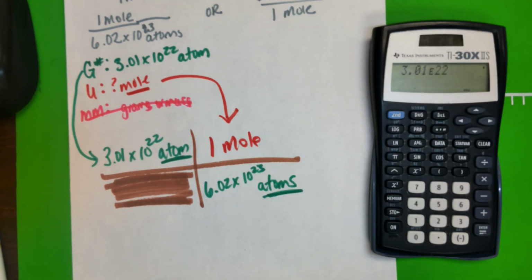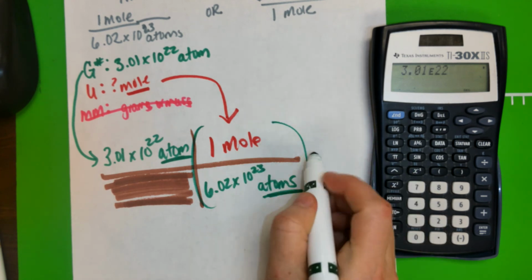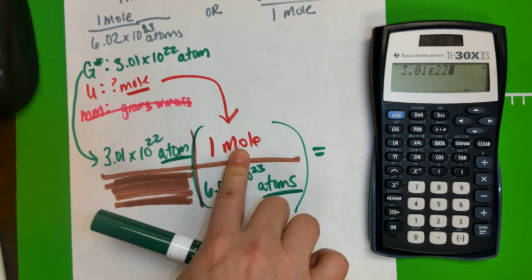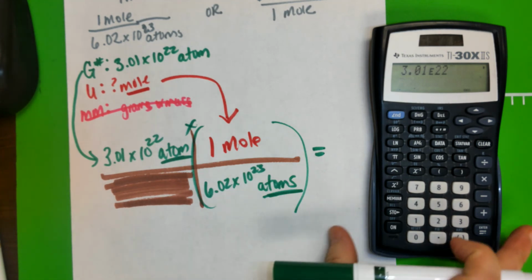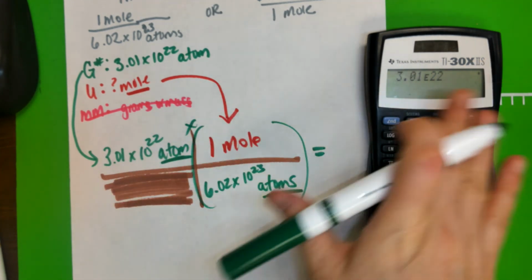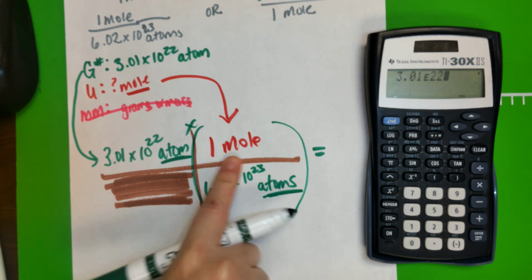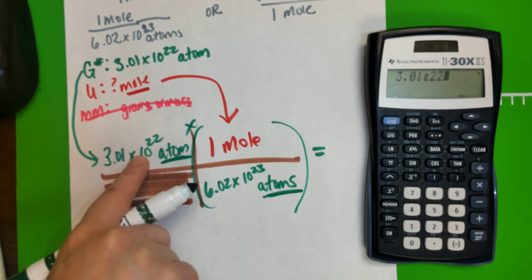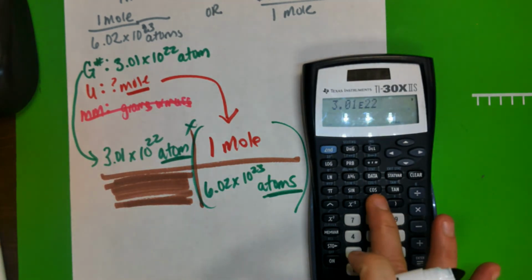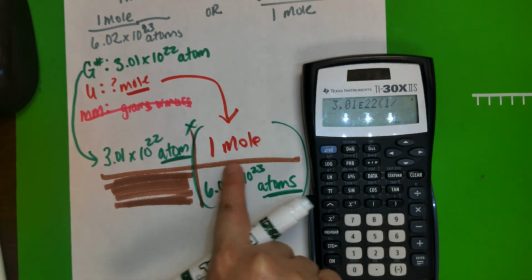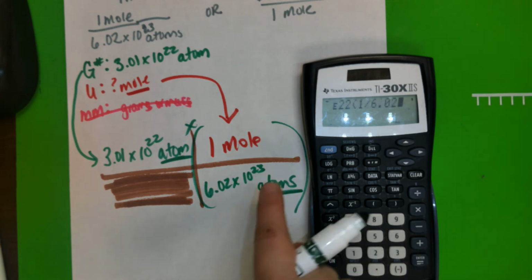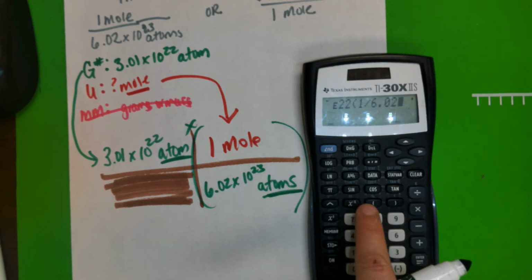Keep in mind that this is a parenthesis right here. This is division, and this is multiply. If you're not sure about the whole setup, you could just divide these two and then multiply by this number. So let me put parentheses, and 1 goes first because it's on the top, divided by 6.02 with an exponent of 23.